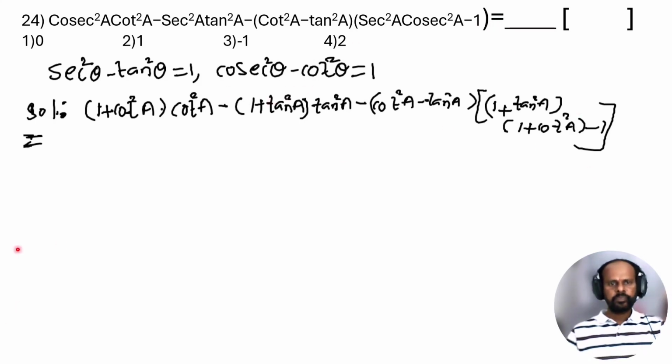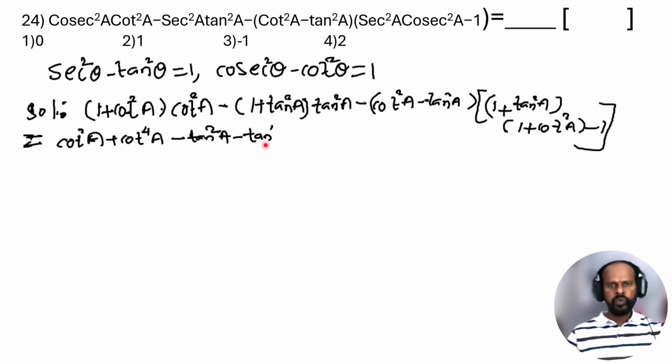Next you see I am multiplying here 1 into cot square A, into cot square A is cot power 4A, minus 1 into tan square A, and tan square A into tan square A is tan power 4A, and minus into plus is minus. And now here cot square A minus tan square A, let's write as it is.